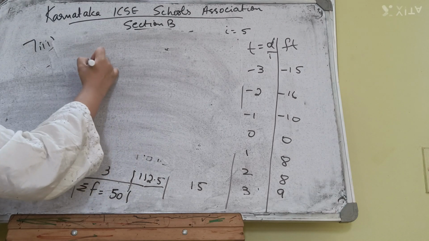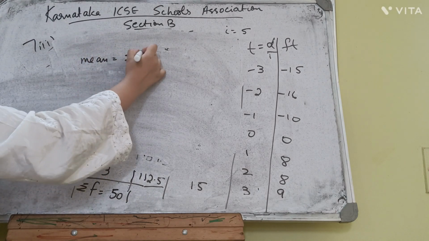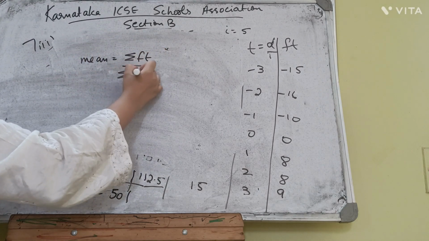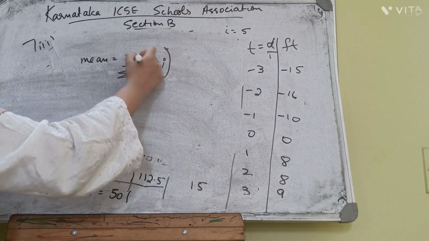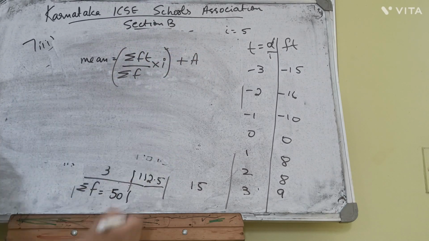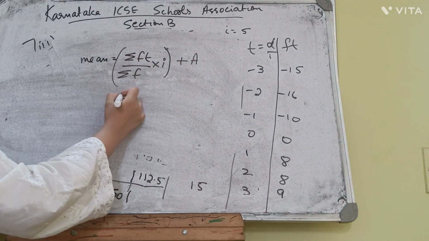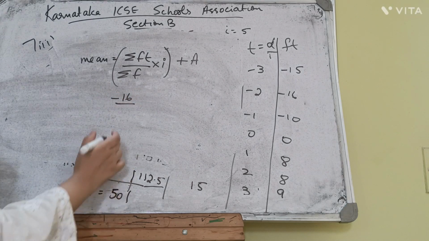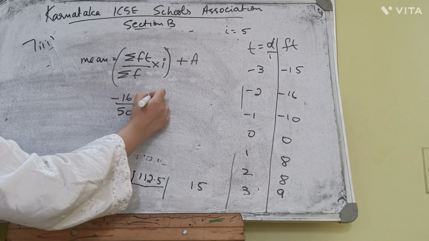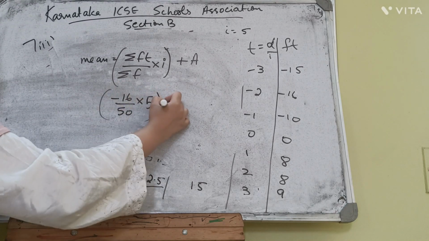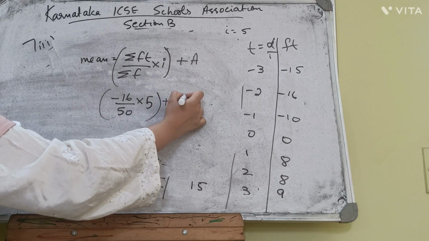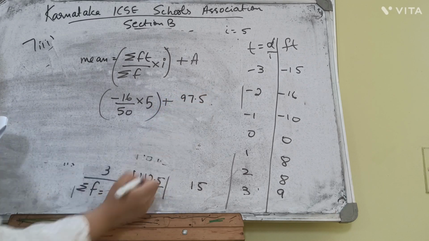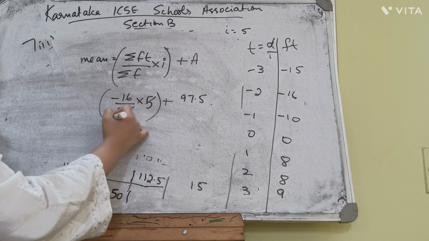So once you have filled the table, now find the mean. Mean is equal to summation ft by sigma f into I plus the arithmetic mean. So sigma ft we got as minus 16, sigma f we have as 50, I is 5, and our A was 97.5.